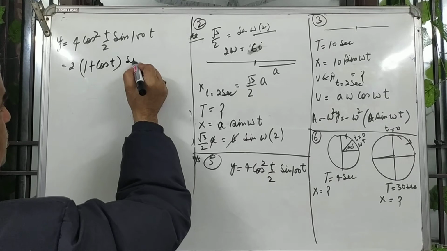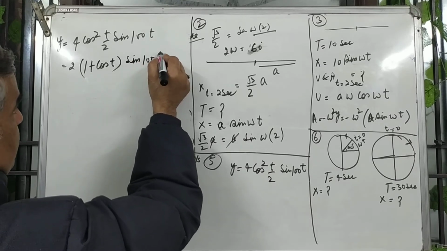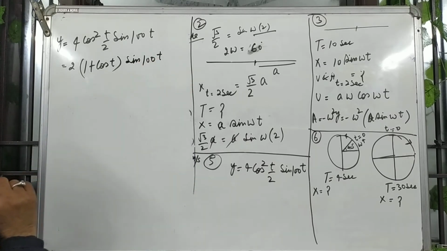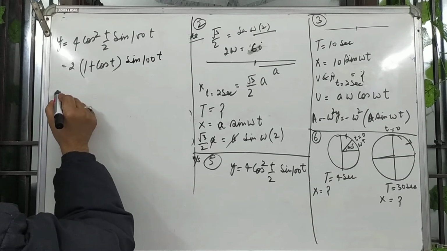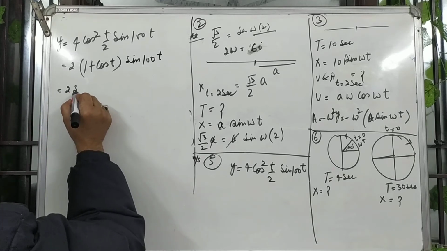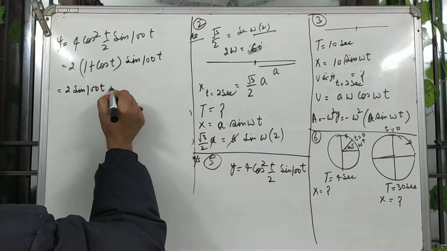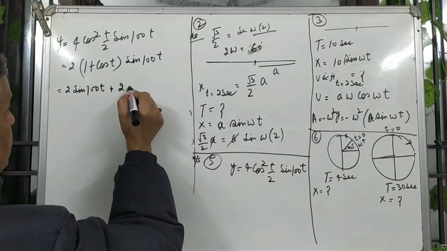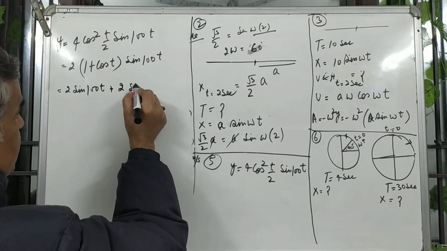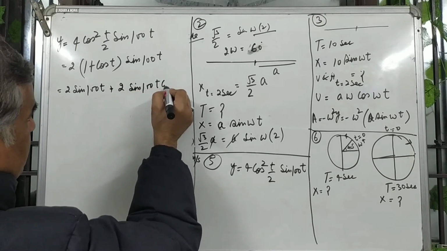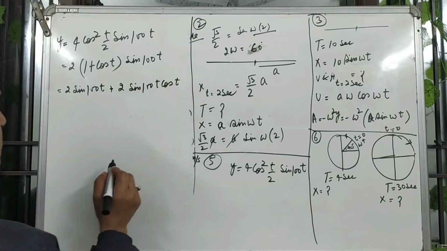By this, it is 2 times 1 plus cos t, and sin 100t. On opening, you will find twice of sin 100t plus twice of sin 100t and cos t.